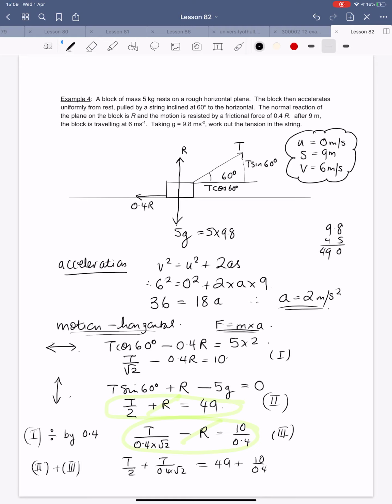Right, I need a calculator. This is T times a half plus 1 over 0.4 times root 2. Now 49 plus 10 divided by 0.4 is 74. And then I've got 0.5, which is a half, plus 1 divided by 0.4 times root 2.